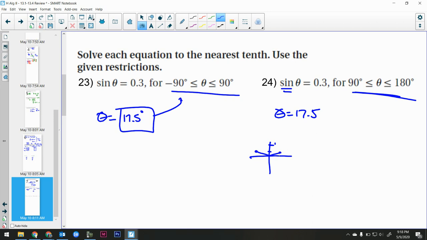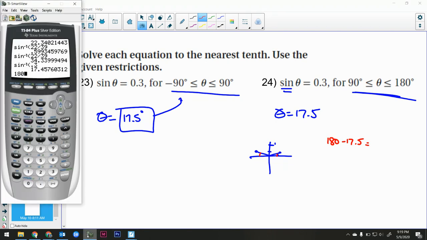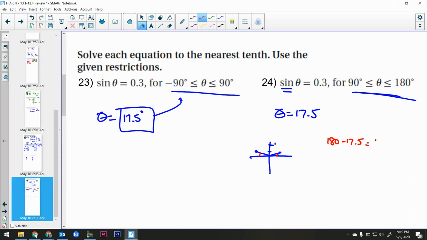Now, what is that angle? Remember the reference angles. The reference angles are always congruent. So those are congruent. So what is this full angle? This is 180 minus that 17.5 reference angle. So let's see what that is. 180 minus 17.5 gives us 162.5. Is that within my domain? Yes, that's within the restrictions. Good.